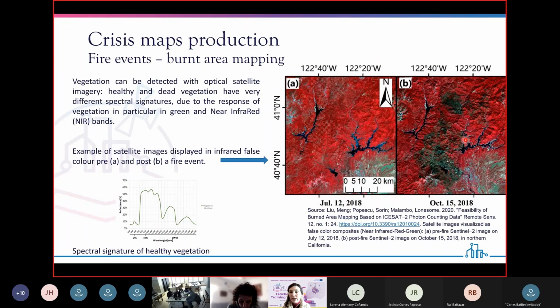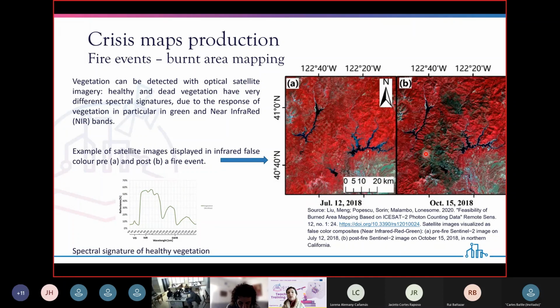And what you can see here quite evidently is how the vegetation looks different in the post-event image. This could be visible also in the true color representation, but it's much more evident in the infrared false color, because in this case you see that the red has disappeared.